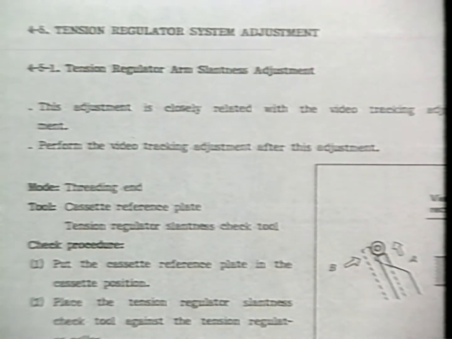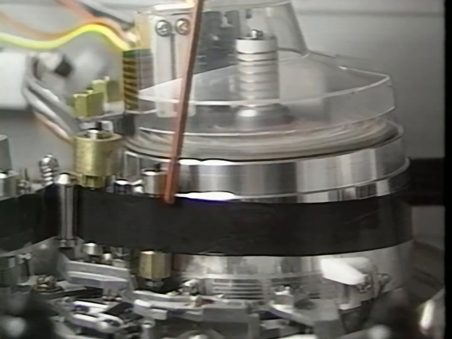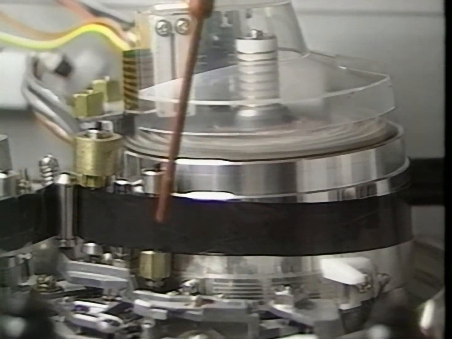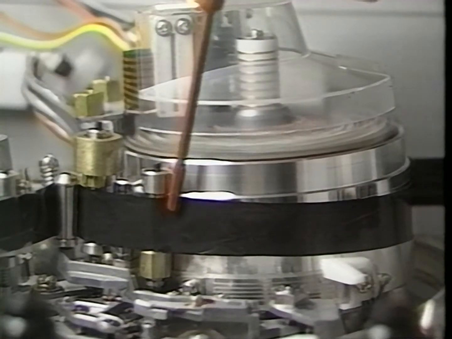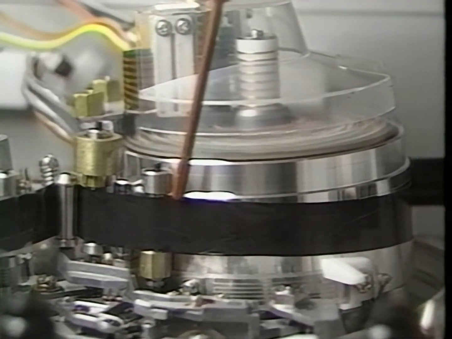Because the tension regulator controls the upper edge, you must make sure the tape contacts the upper flange of this guide. This is controlled by the slantness adjustment of the tension regulator. In addition, the tape tension at the upper and lower edge should be equal. This is also controlled by the slantness adjustment.